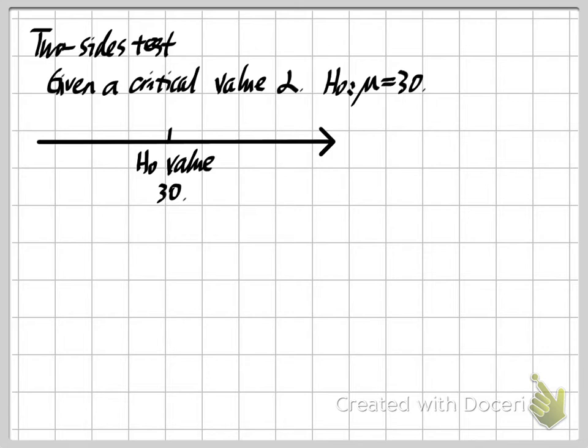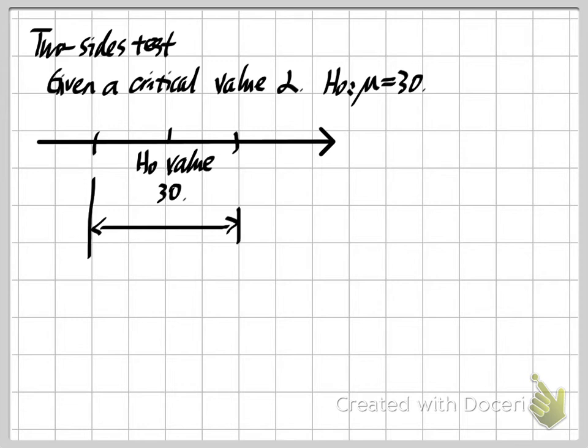Okay, and then what does the critical value mean? This means we should find a symmetric interval with respect to our H0 value, on the left and on the right. And then the probability of our test statistic inside this region is equal to 1 minus alpha.